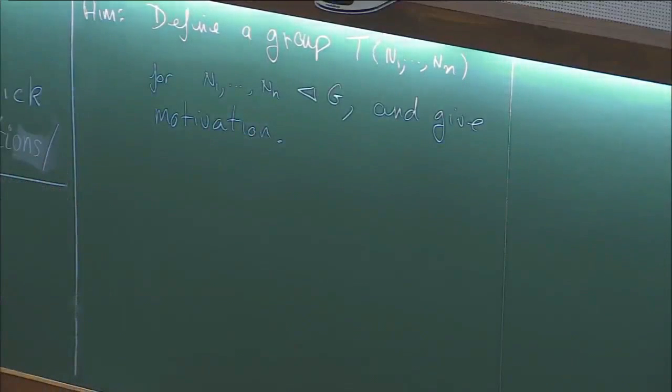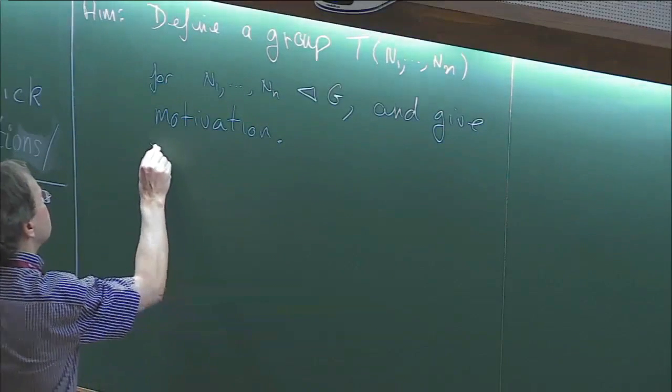I'm actually going to focus on the case of 2 and 3 normal subgroups, but everything I say will work for n.